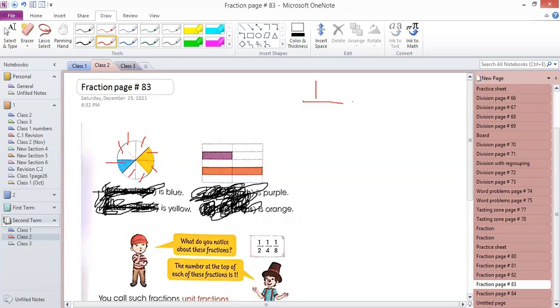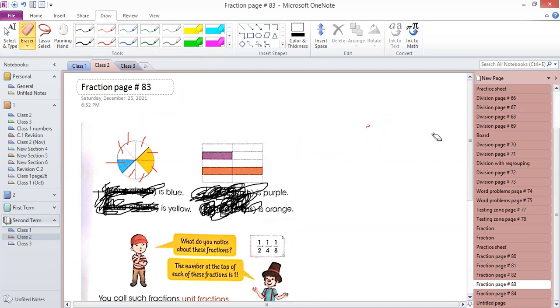Out of 8 portions, 1 is blue. So I can say this is 1/8, one eighth. Eighth. Here one eighth is blue.